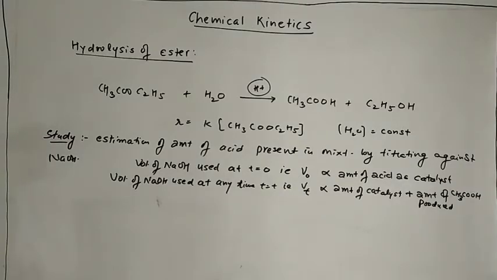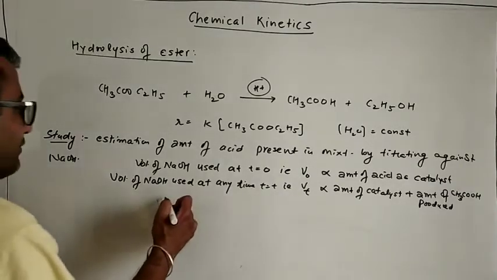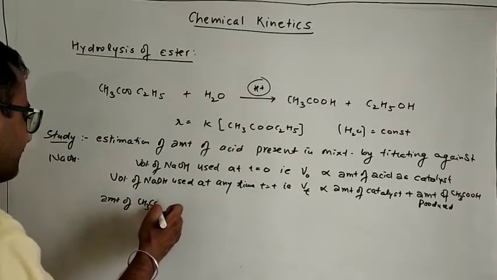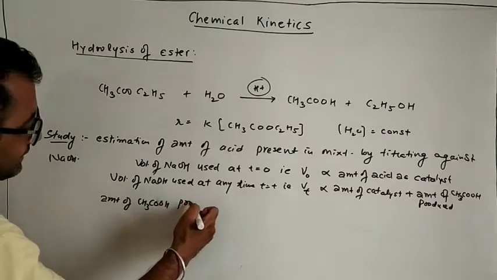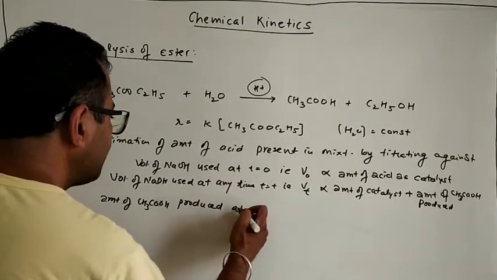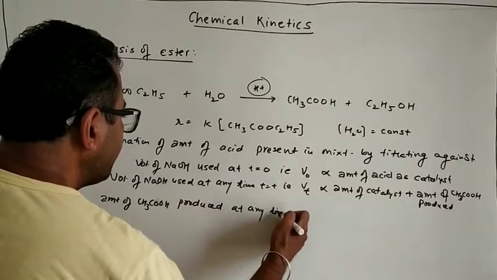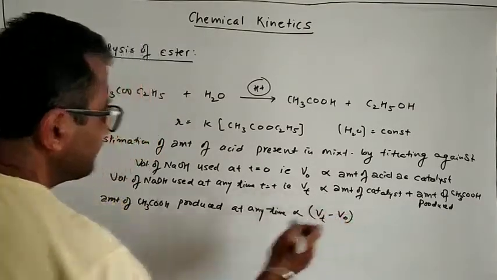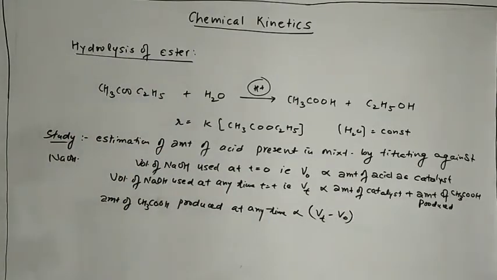तो अमाउंट ऑफ एसिटिक एसिड प्रोड्यूस्ड, this will be equal to, at any time t, Vt minus V0. At any time directly proportional to Vt minus V0. Okay.